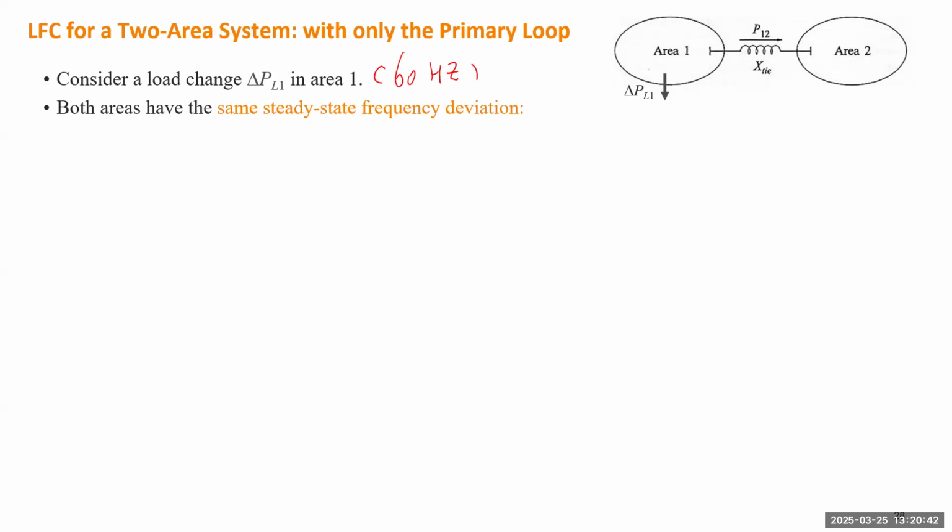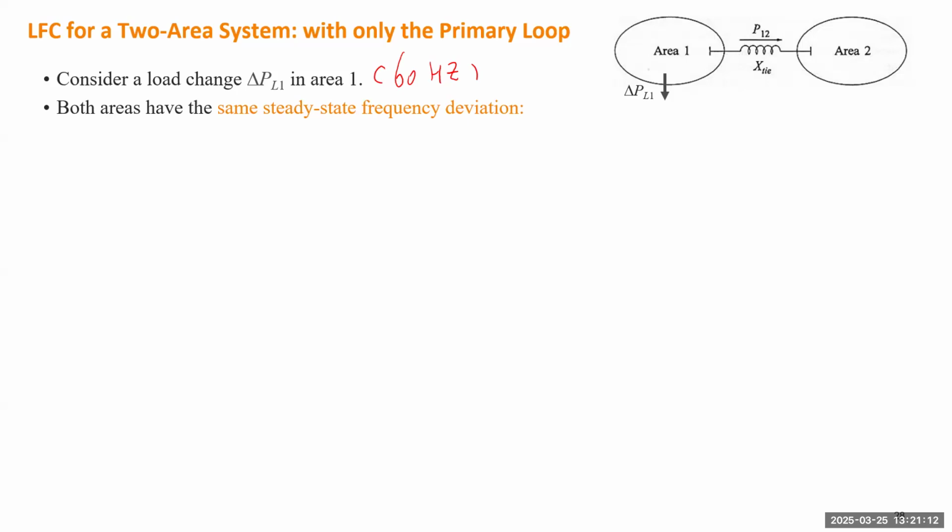We don't care. We just assume at 60 Hertz, they're part of the system load we measure, and that one is changed. Either it just disconnected, or it's connected to the system at 60 Hertz. So anyway, that load change is measured based on 60 Hertz. We don't worry about whether that part is really frequency dependent or independent, or maybe we just treat that one to be a frequency independent load.